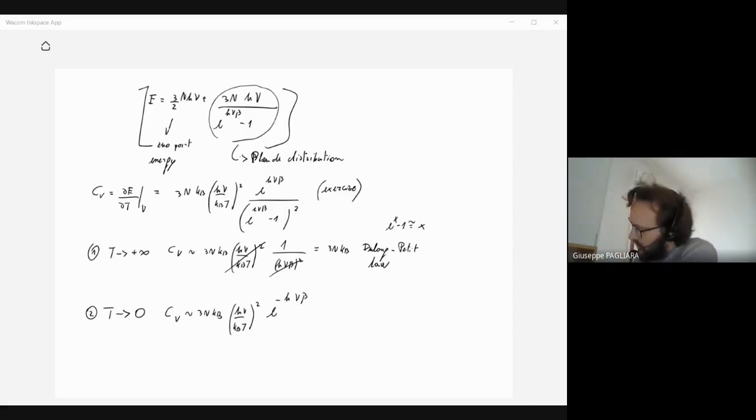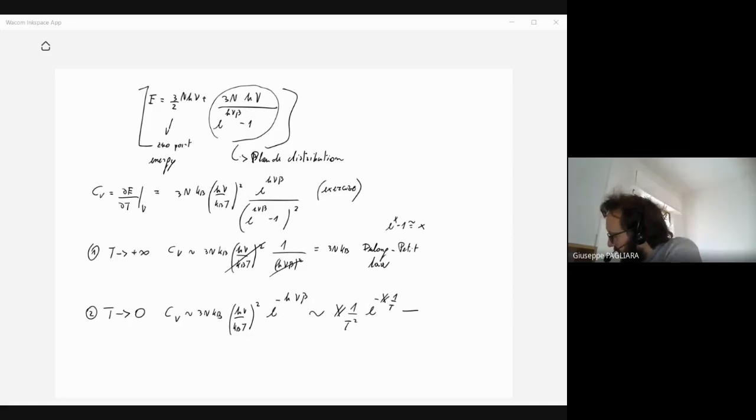This is the scaling of heat capacity when the temperature is approaching 0. So you see that there is a dependence 1 over T squared and then an exponential of 1 over T, which of course is an exponential suppression.